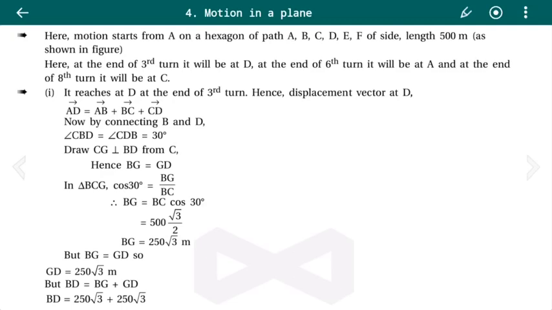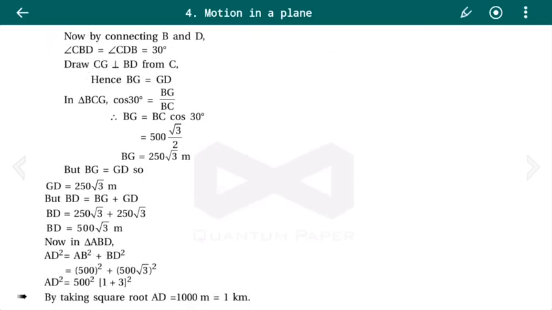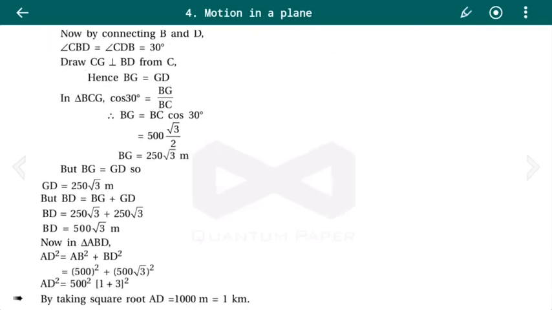BC is 500 into cos 30, that is root 3 by 2. So BG is equal to 250 root 3 meters. And we know BG equals GD. So GD is also 250 root 3 meters.